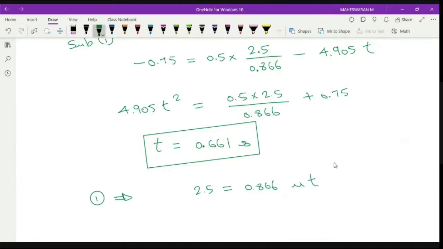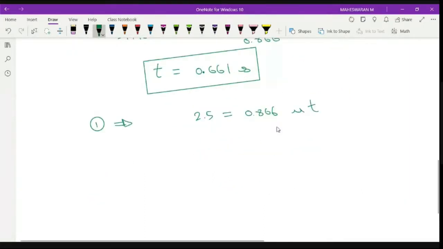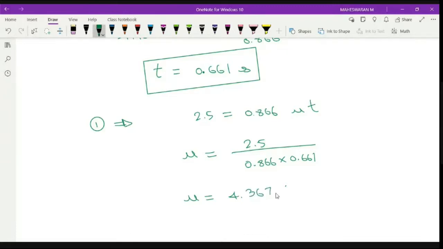In this, I will substitute the value of t and identify u. So u will be equal to 2.5 divided by 0.866 into 0.661. What is your initial velocity? 4.367 meter per second. So this is my answer.